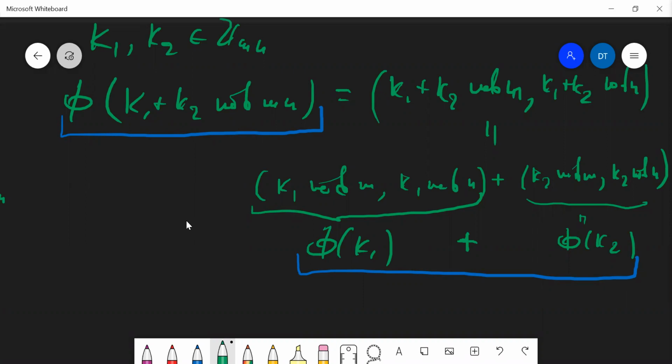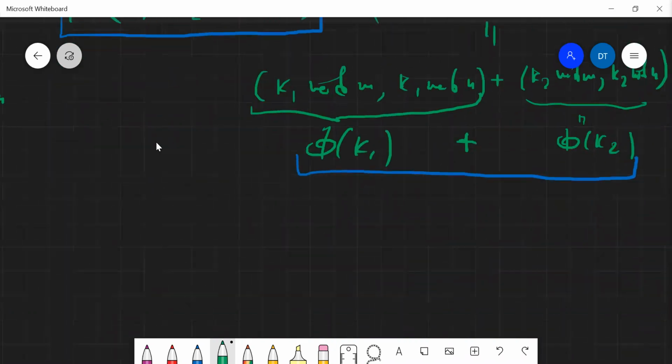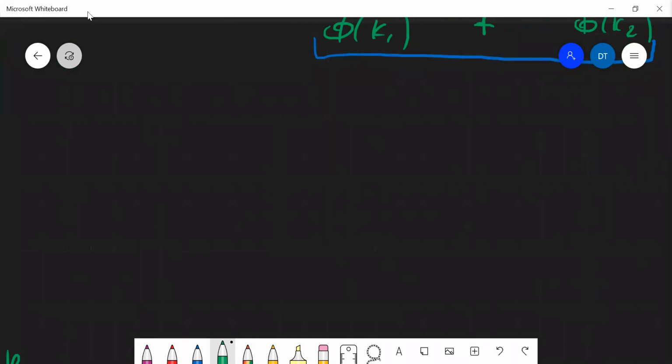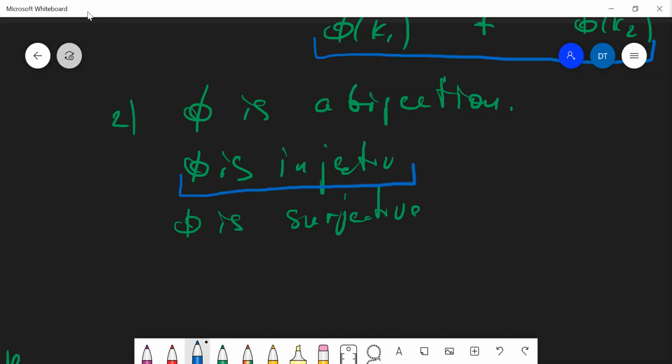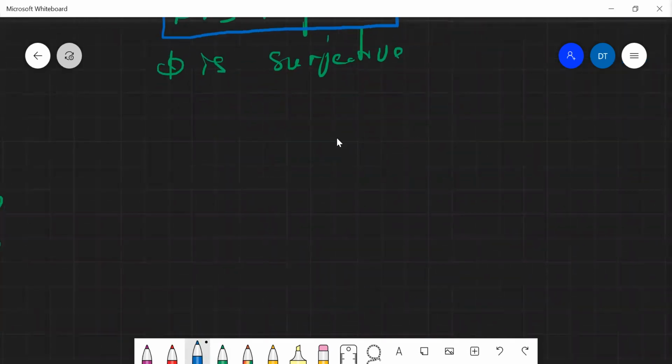Now I want to show that phi is a bijection. If I want to show that phi is a bijection, I want to show that phi is injective, and then I want to show that phi is surjective. First, injectivity.